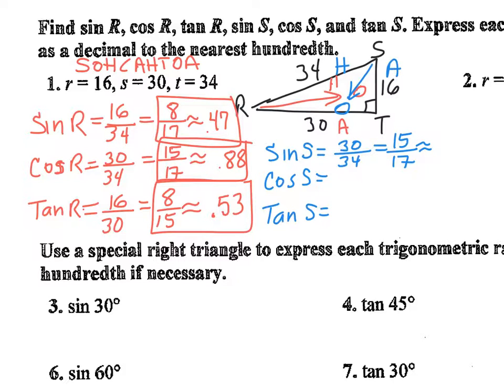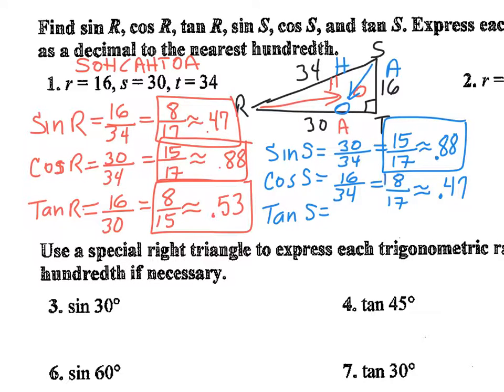And that is approximately how much? 15 out of 17 is 0.88. Then cosine of S is adjacent, which is 16 out of 34, and when you reduce it, that is 8 over 17, approximately 0.47.